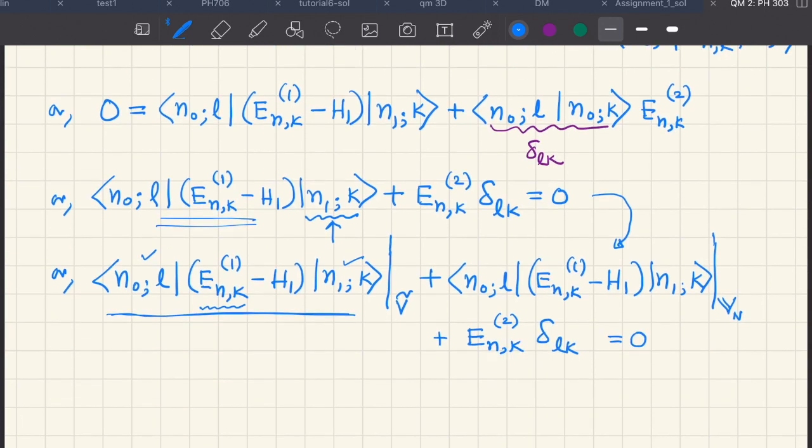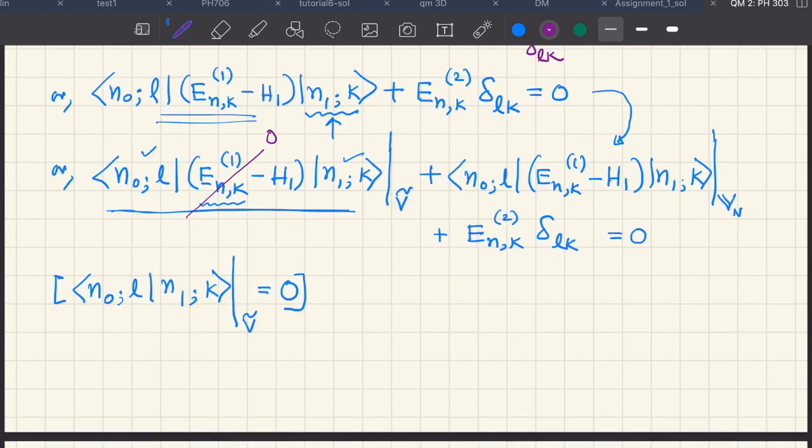So let me write this. Since n0L is in Vn and n1k along V tilde is in the orthogonal space, therefore their inner product will be 0. Therefore we will not get any contribution from the term which has E_n^(k,1). So E_n^(k,1) will not contribute to the result at all.